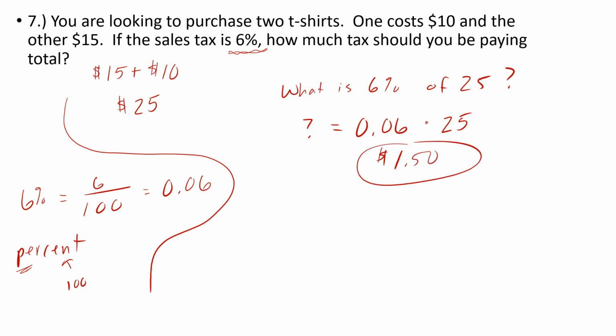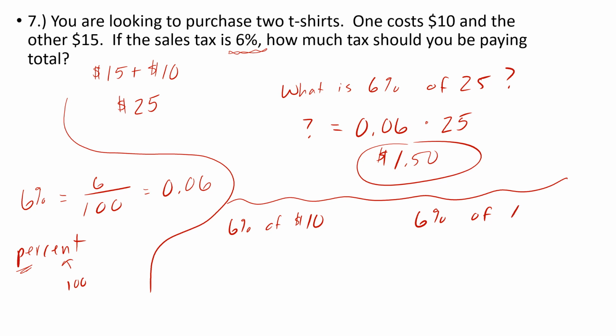Now, you could do that another way. And so if you're looking at your work, you might have done 6% of $10 and separately done 6% of $15. 6% of $10 is 60 cents. 6% of $15 is 90 cents.